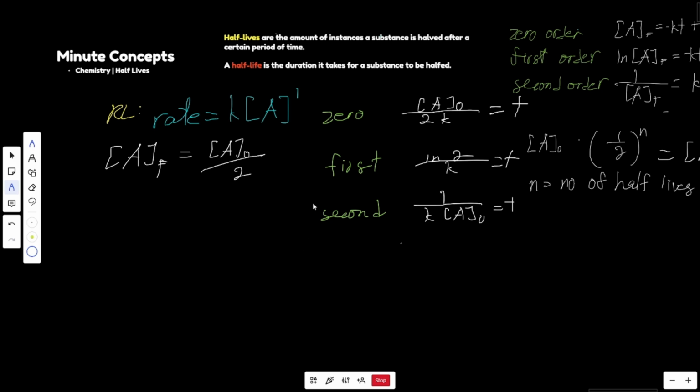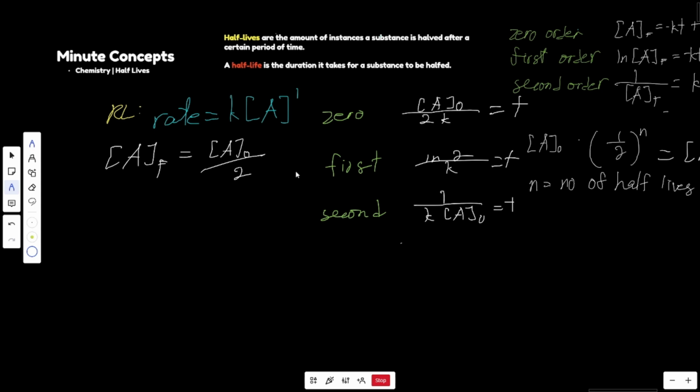Now, on various occasions, we'll be asked to derive other parts of this equation. So it could be, for example, the initial concentration or the rate constant. So let's give it a shot with our last used rate law in the last video. In the last video, we determined that the rate law for that experimental data was K times the concentration of A to the power of 1.